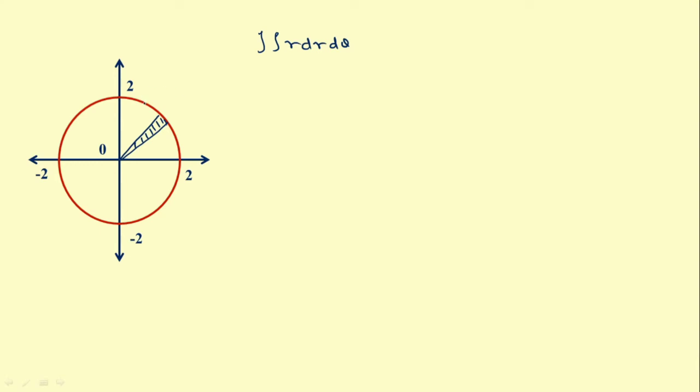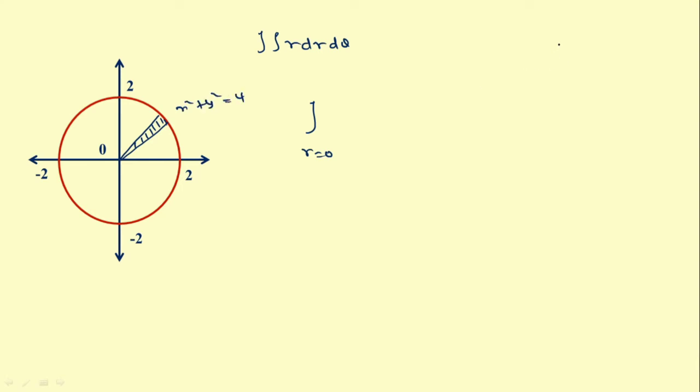Now we define the limits of the radial strip and how the radial strip rotates from one angle to another angle. Now r is fixed at the origin, that is r equal to 0. Then the radius touches the circle x square plus y square equal to 4.